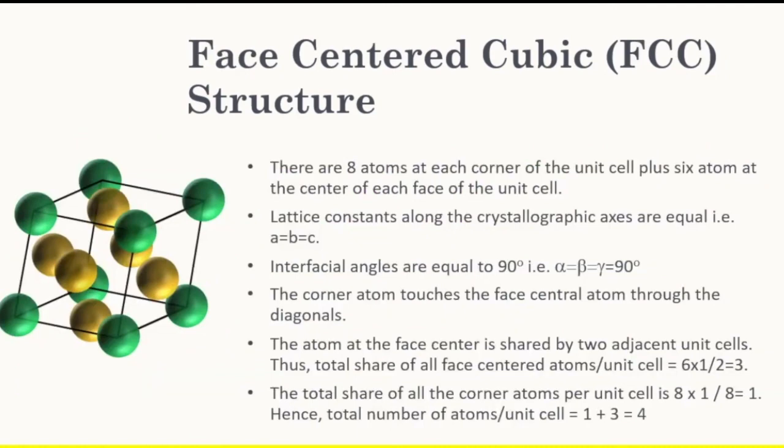Coming to the face-centered cubic structure, the so-called FCC structure, it has 8 atoms in the corners and 6 atoms in the center of each face. Here also the lattice constants are equal, and the interfacial angles are equal to 90 degrees.